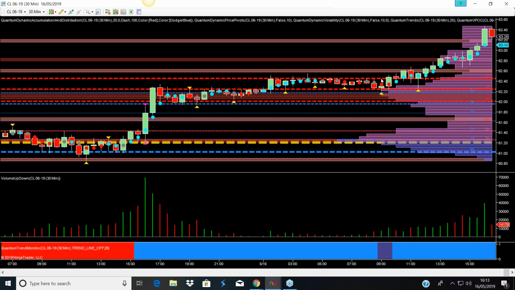It looks like a drift higher, but in terms of what happened to the candle, it actually went from 62 to 62.80, just under 63. We've had lots and lots of participation, but we actually haven't moved that far, have we?